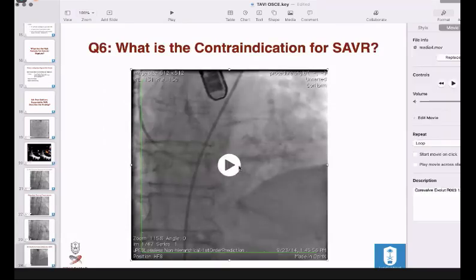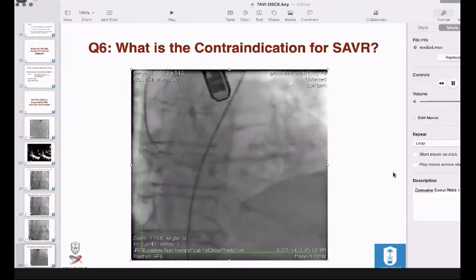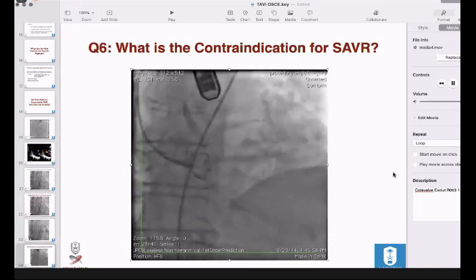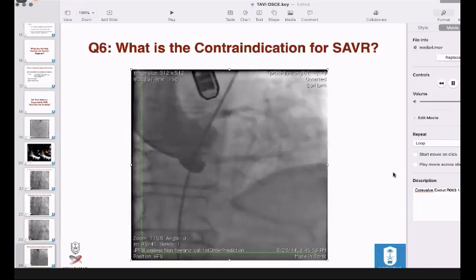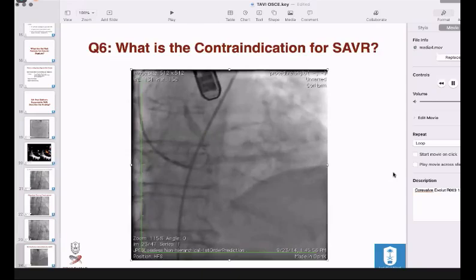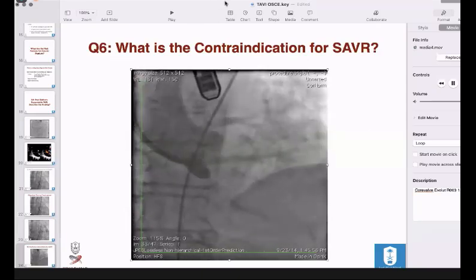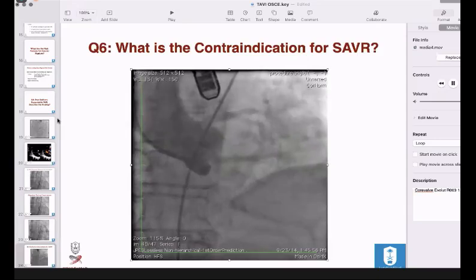Okay, I'll show you this. What is the contraindication for surgical aortic valve replacement in this fluoroscopy? Any volunteers? Coronary height is low. Any other volunteer?